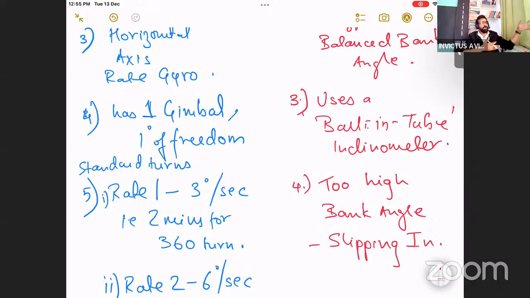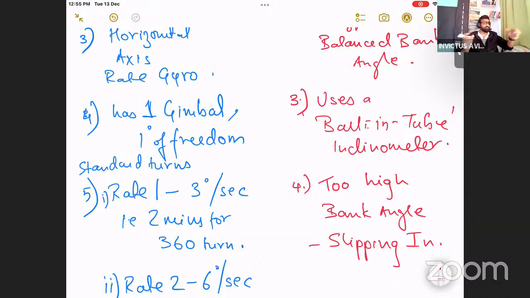High angle, low angle of bank related to turn and slip indicator. Rudder adjustments related to turn coordinator. If you apply rudder in turn and slip, the answer may turn out wrong. Understood?